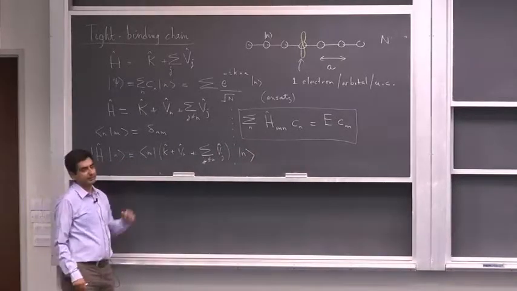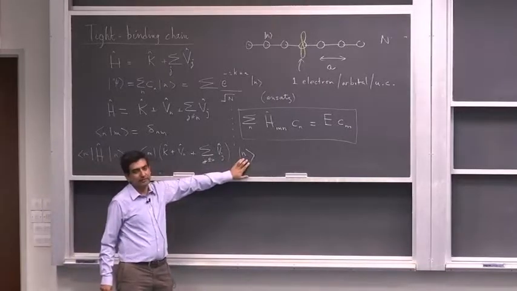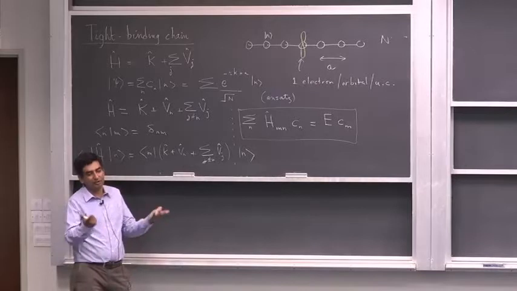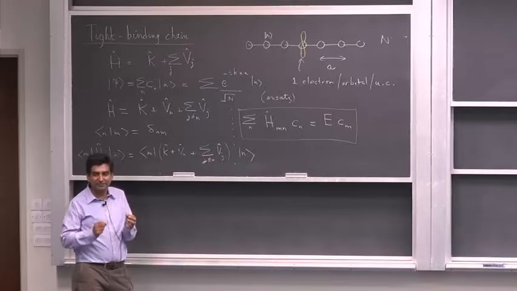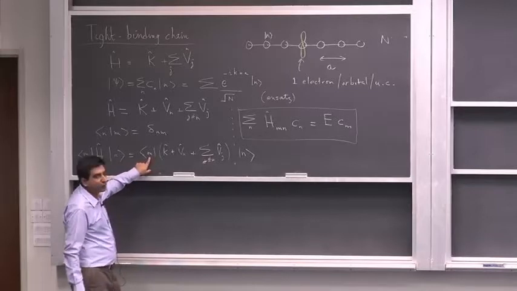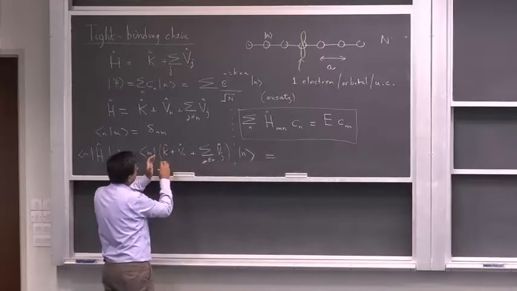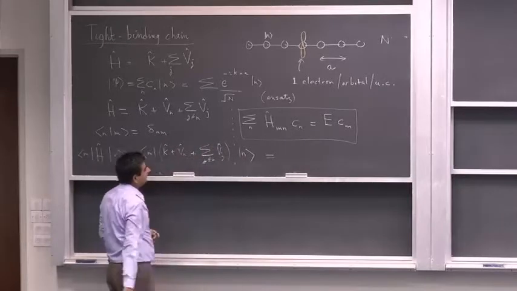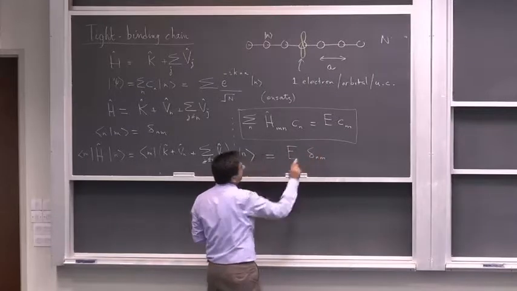Now if I look at the first two terms, this atomic orbital is an eigenstate of K plus V_n with some ground state energy E_0. Just like a hydrogen atom, just like one electron coupled to a nucleus. But then you have to take the overlap with <m|. So if I perform this eigenvalue equation so that I have this operator acting on this, and then I form the overlap with this, then this will give me E_0 only when n equals m.